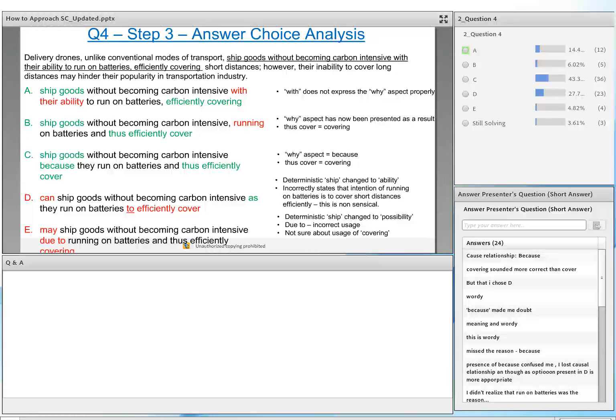Covering sounded more correct than cover. Now again, good point here. It's not just cover, it is does cover. So yes, that's the reason why explicitly we have stated here, does cover is same as covering. Covering is presenting the result, does cover is also presenting the result.